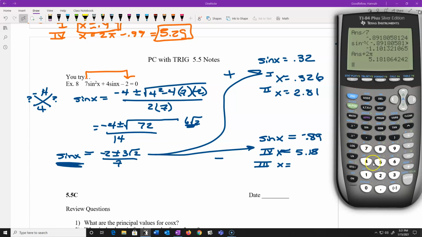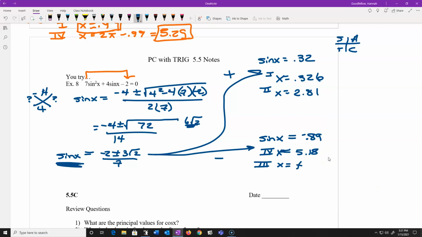So we're dealing with pi adding on this value, but it's not going to be its negative partner, it's going to be the positive one. If you don't understand this part, draw a picture. It'll make a lot of difference to you. And 4.24 is going to be the other answer that's in the third quadrant.